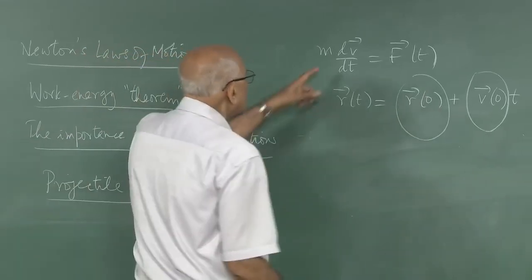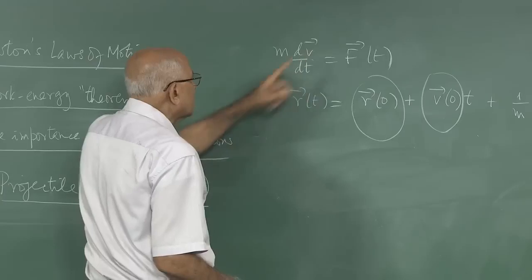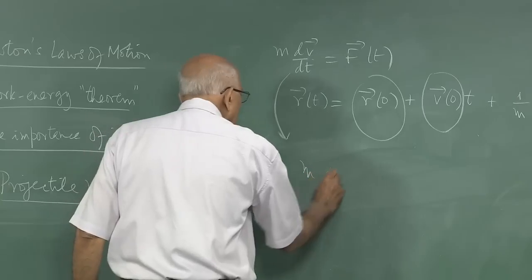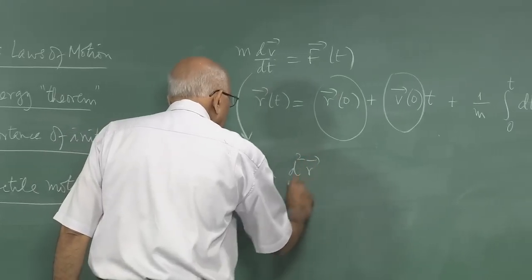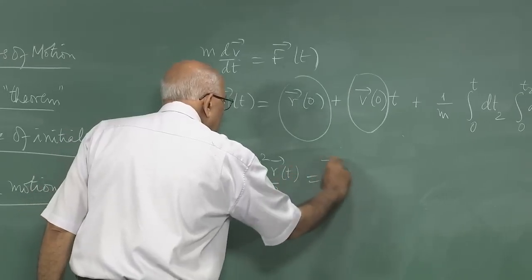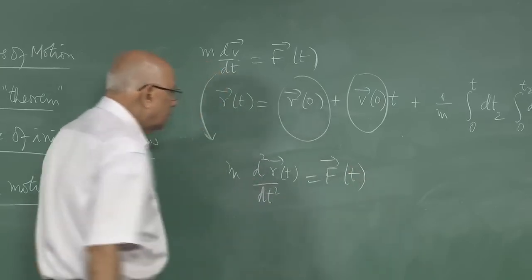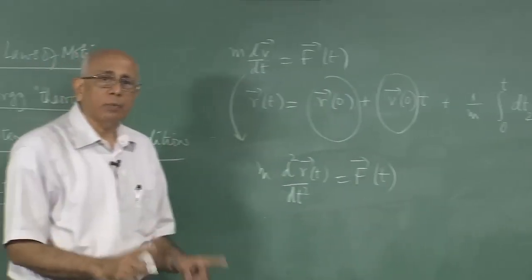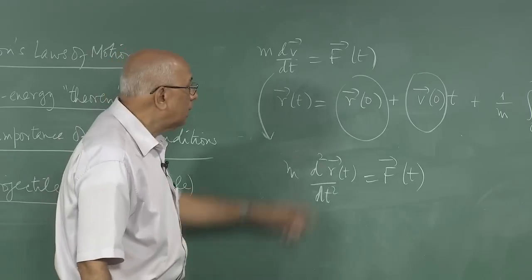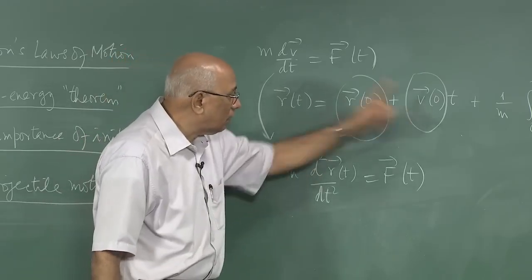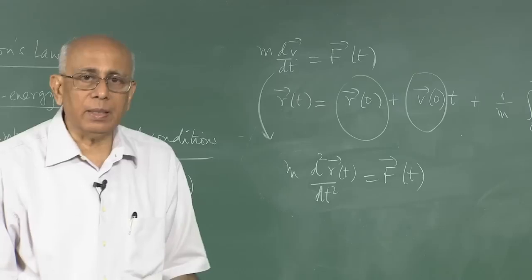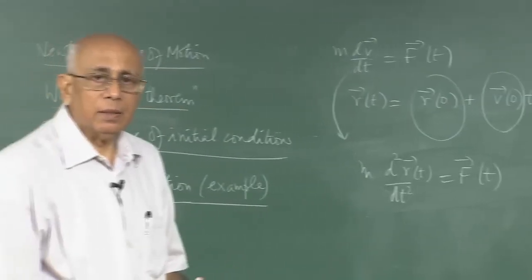It is telling us that when you solve an equation of this kind, or you write this in terms of the position, m times d2r by dt2 equals f of t, you have two vector constants of the motion, so to speak, to deal with, namely the initial position and the initial velocity, before you get a unique solution for the position of the particle at any instant of time greater than 0.